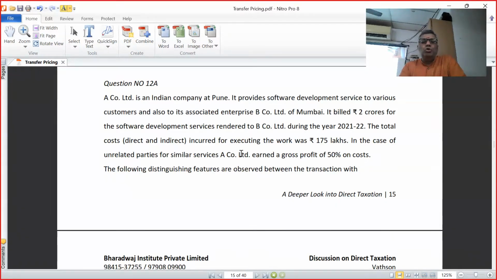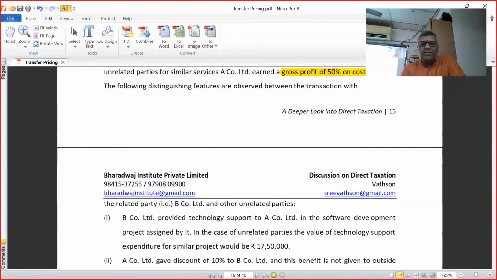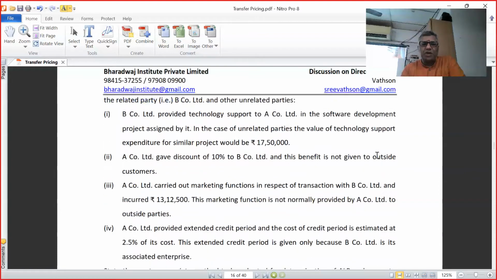It billed 2 crores for the development services rendered to B Limited in the year. The total direct and indirect cost is 175 lakhs. In the case of an unrelated party, the GP was 50% on cost. The following are distinguishing features of the transaction.